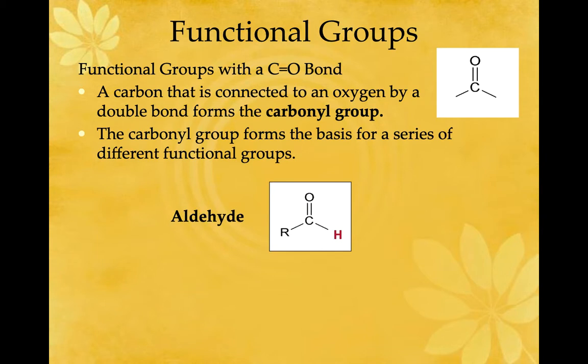So the first is the aldehyde group, where you've got a hydrocarbon chain, which is then bonded to the carbon, double bond to the oxygen, and then there's a hydrogen. So this effectively ends the molecule. Okay, so it's found at the end of molecules. Whereas the ketone, the carbonyl group, the C double bond O, is found in the middle of two hydrocarbon chains.